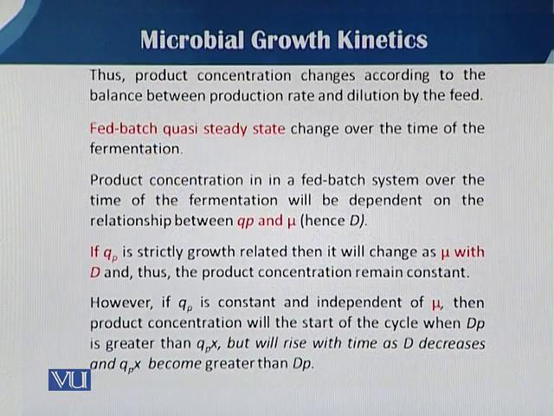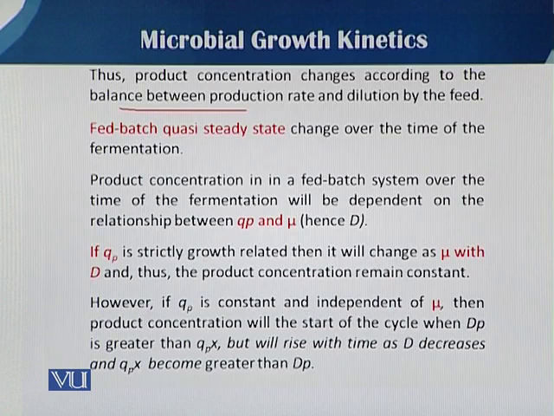If we talk about the product concentration change according to the balance between the product rate and the dilution by the feed, so the dilution rate. If we say that the fed batch quasi-steady state changes over the time of the fermentation, meaning if mu is not equal to D, then there is a drift in mu with respect to D. If we cannot balance these two rates, the production rate as well as the dilution rate, then the steady state can be disturbed.